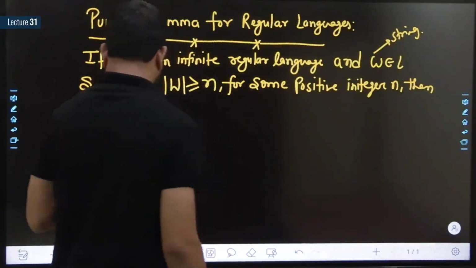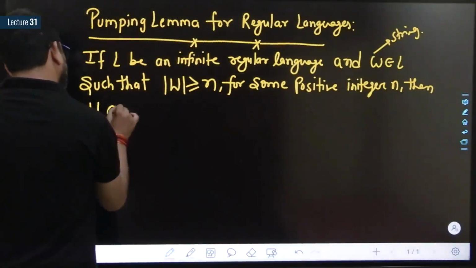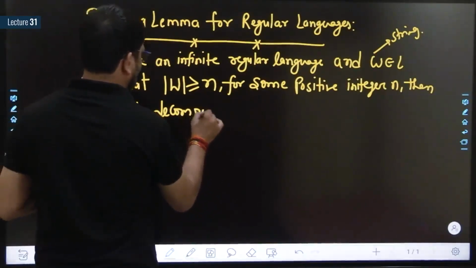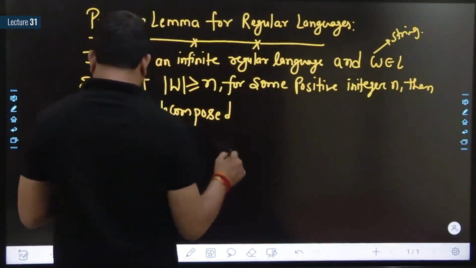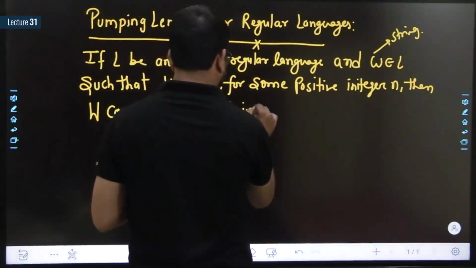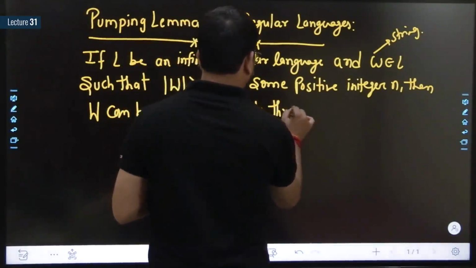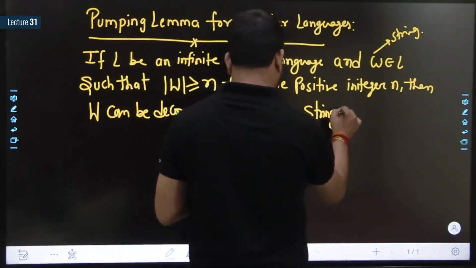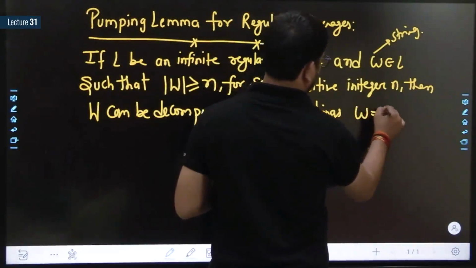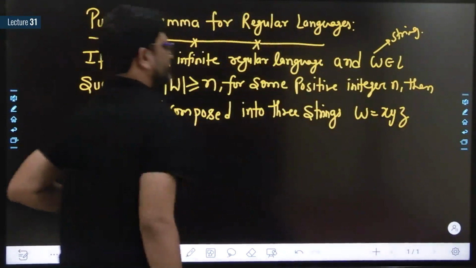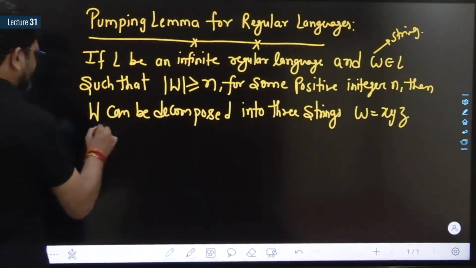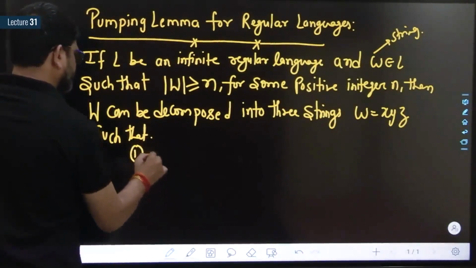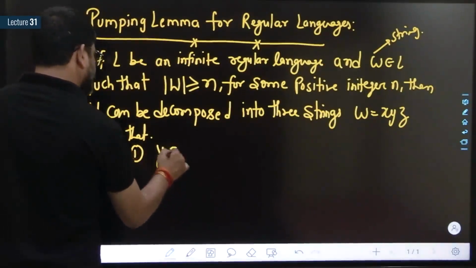then W can be decomposed into three strings, W equal to XYZ, such that: first point, Y does not equal epsilon.